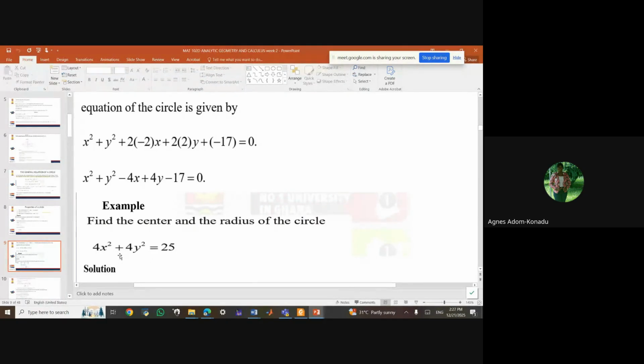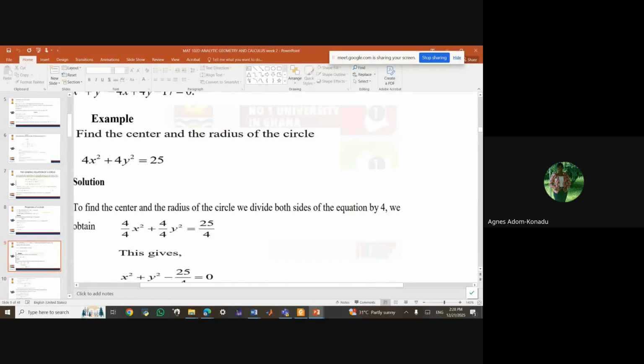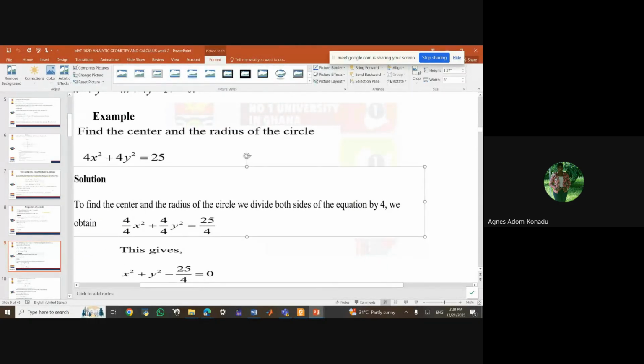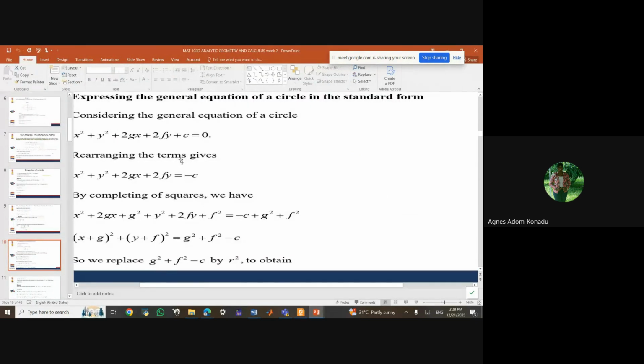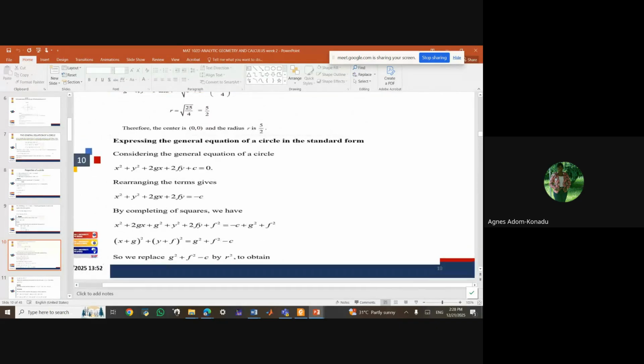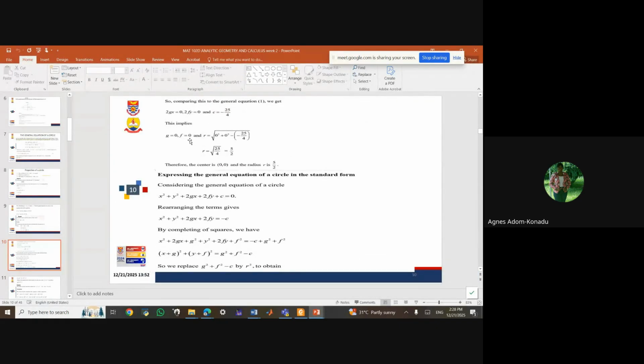Then x squared plus y squared is equal to (5 over 2) squared. So the radius should be 5 over 2, and the center is 0, 0. Thank you.